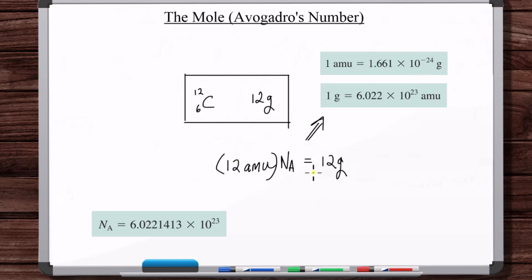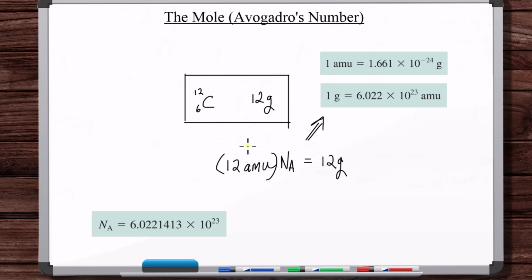Okay, but we can see, if we had Avogadro's number of oxygen-16 atoms, how many grams would that be? That would be the molar mass, right? If we have Avogadro's number of oxygen-16 atoms, how many grams is that? Then we have the molar mass.